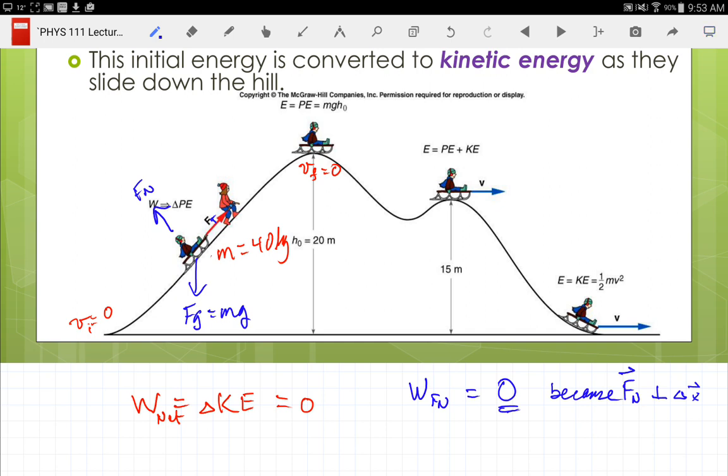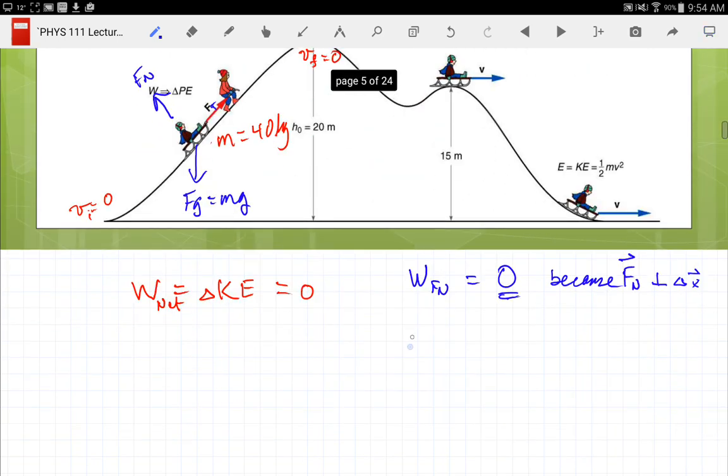Now, if we look at her pulling, well, her force is parallel to the distance, but I gave you no information about what the distance was, or for that matter, what the force was she has to pull with. You would have to know the angle to be able to calculate the force. But we can look at gravity, the work done by gravity. What direction is the force of gravity? I've already asked this, but now it becomes very pertinent. What direction is it? Down.